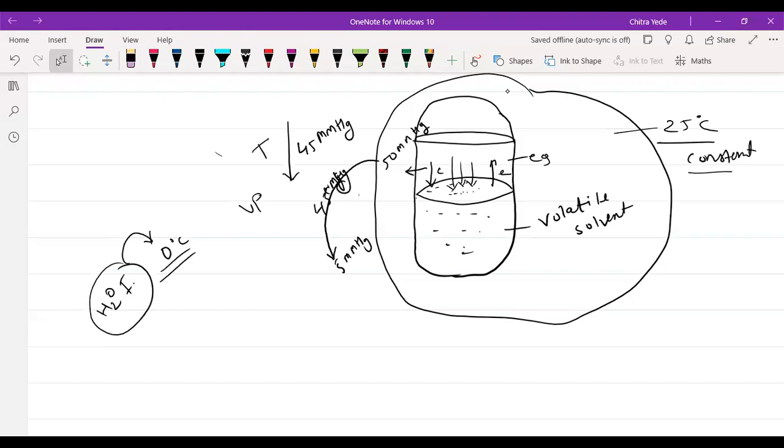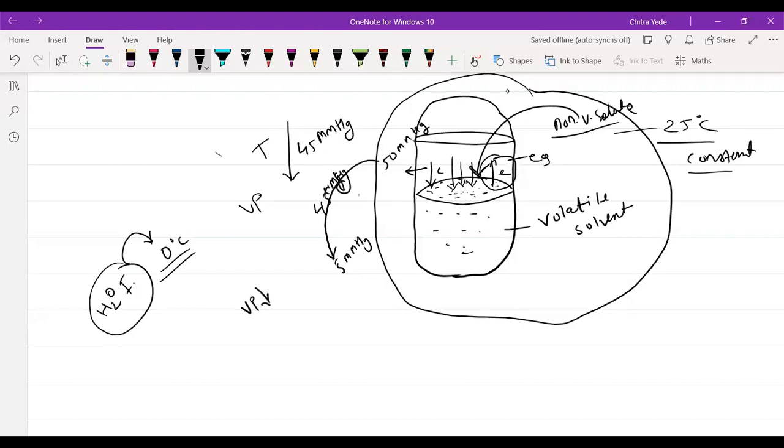Now, second instance: we have dissolved a non-volatile solute. If the non-volatile solute dissolves here, the non-volatile solute particles are going to occupy the surface, and the rate of evaporation is going to decrease. That means finally the vapor pressure is going to decrease.